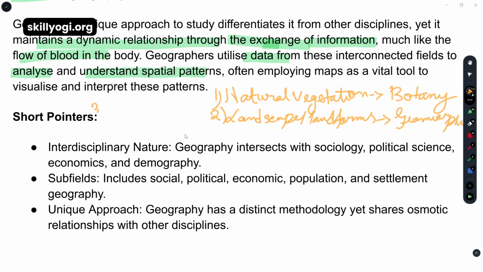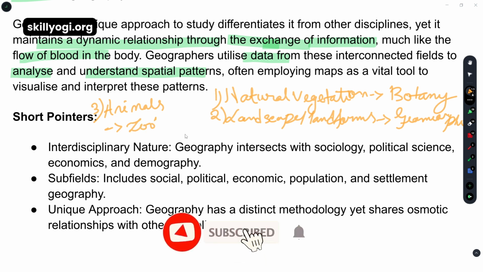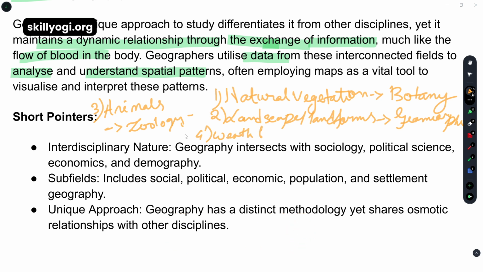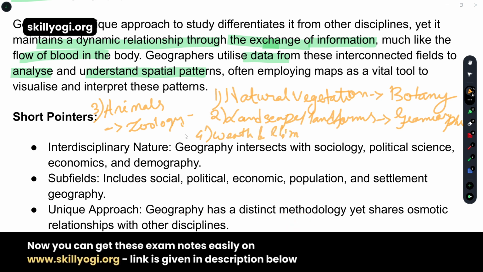Next, you are learning about the animals, wildlife. It's a part of zoology. You are learning about weather and climate. In short, I am writing, it's a part of climatology or meteorology.